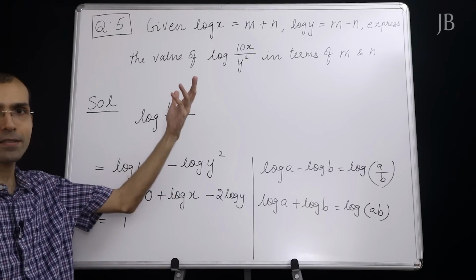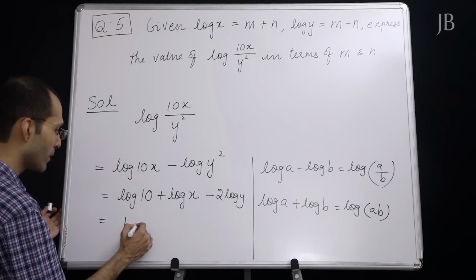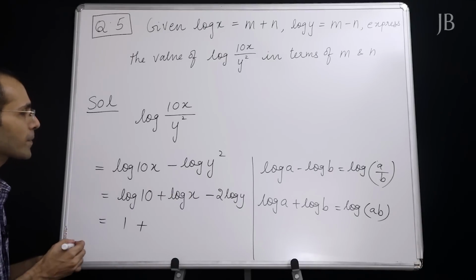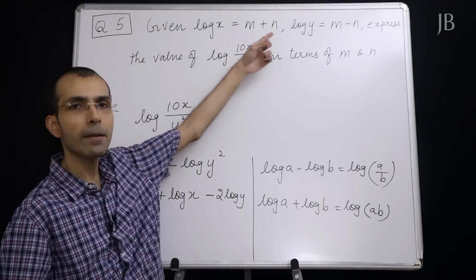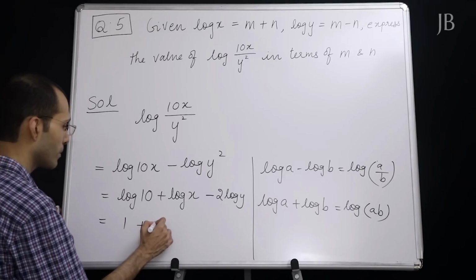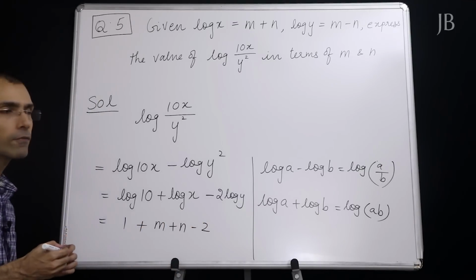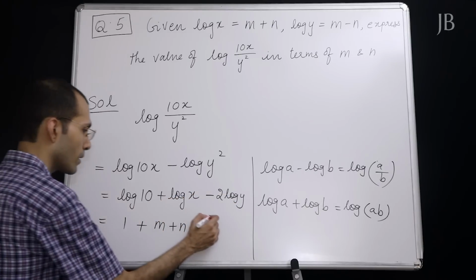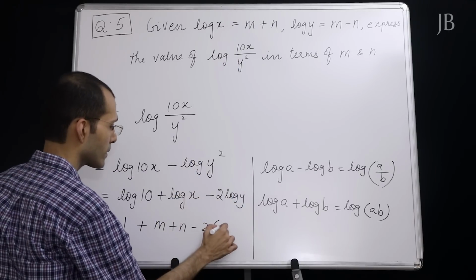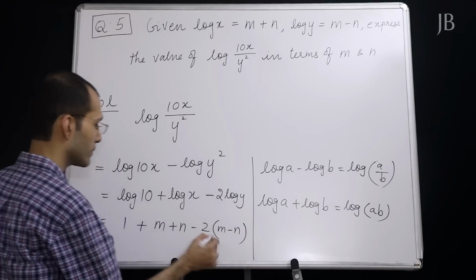All these things we had discussed in the beginning. So log 10 will be 1 plus log x. Now what is log x? m plus n. So 1 plus m plus n minus twice of log y. Log y is given to us, m minus n.